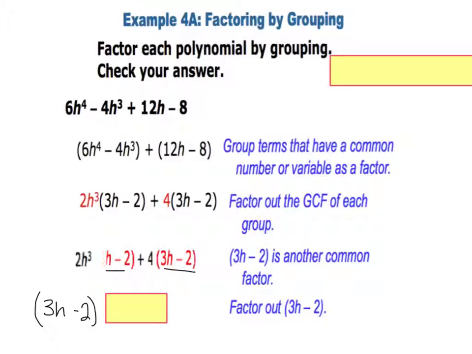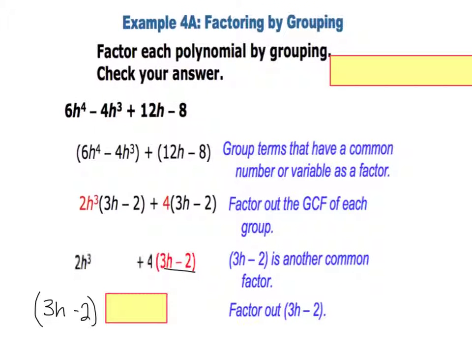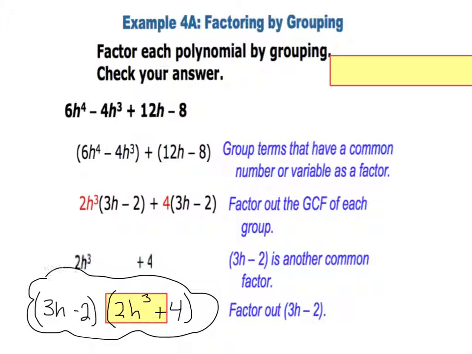If I were to factor that 3h minus 2 out, I wouldn't have those any longer. So what's left? Well, it looks like I'm going to be left with 2h to the third plus a 4. So I'm just going to bring that down, and we're going to say 2h to the third plus a 4. And there is my factoring by the method of factor by grouping.